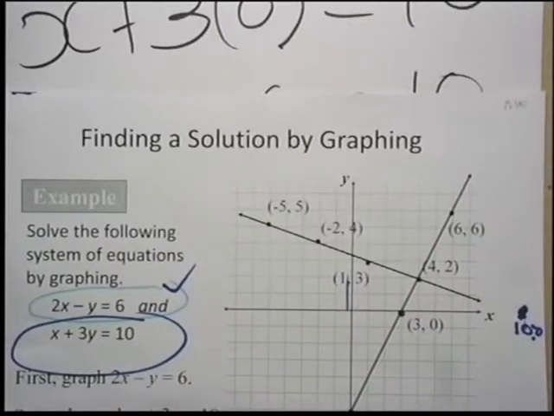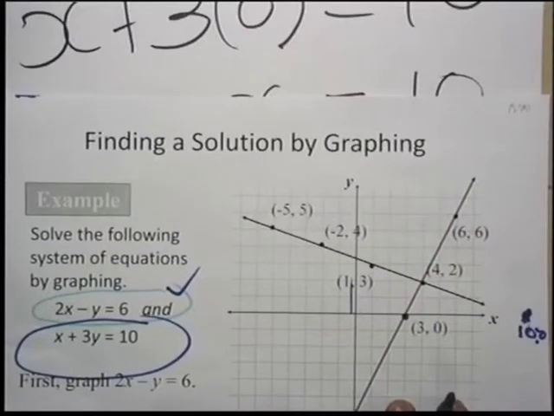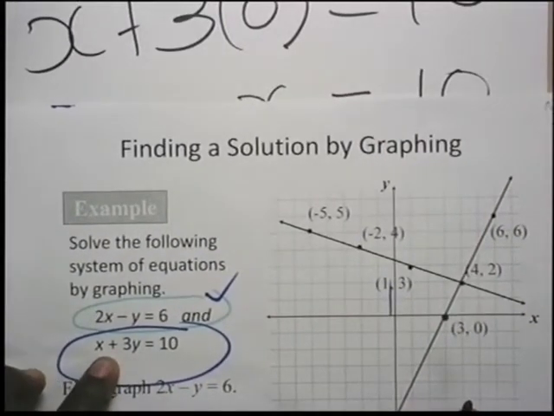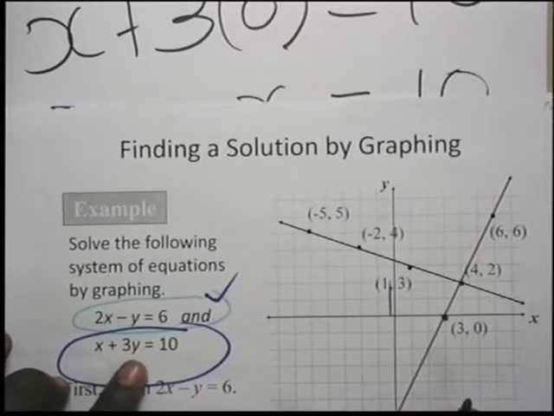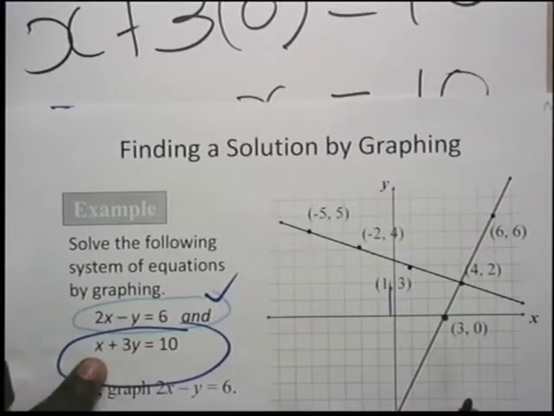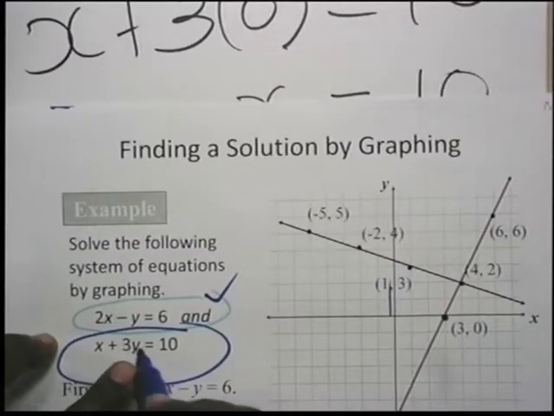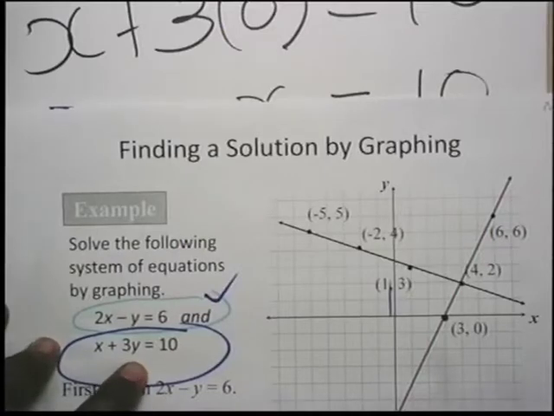Now, here is what was done in this example that I did. I first took a point at random and said, okay, what happens if I make y 5? I'm trying to find a number here that will give me x.